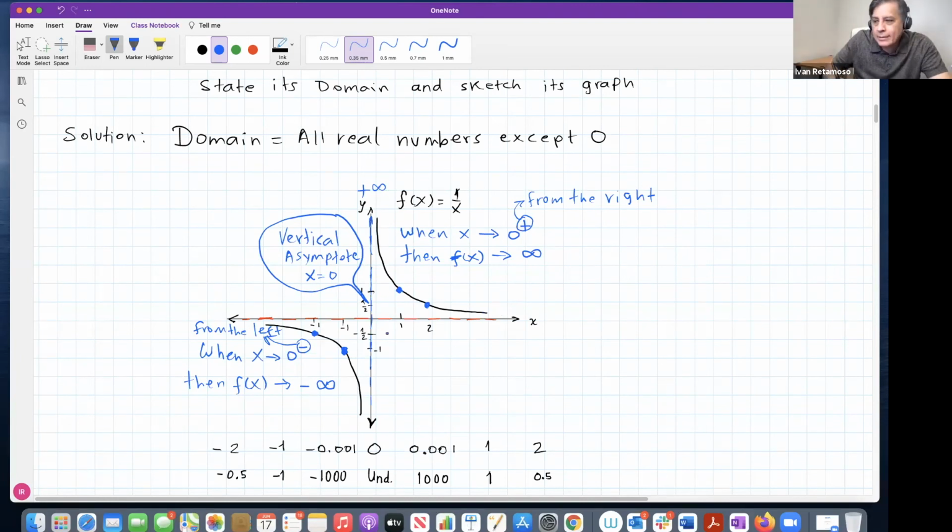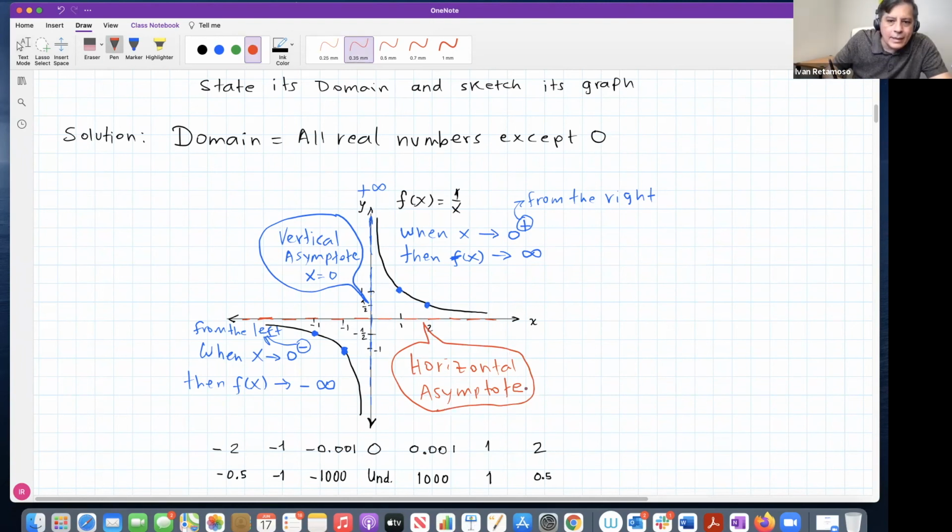This is what mathematicians call a horizontal asymptote. So I'm going to write here horizontal asymptote. This is this guy, this line in red.